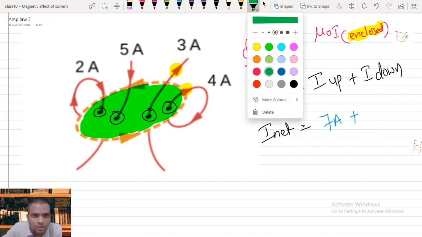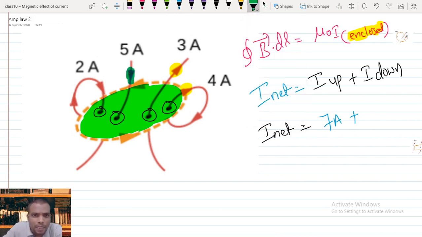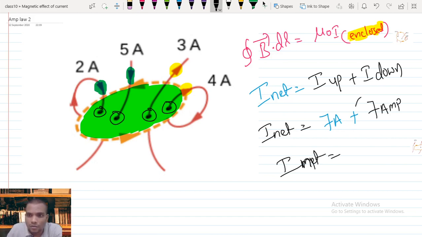Here the 5 ampere current is there and here 2 ampere current is there. So the total goes to again 7 amp. So what is the net current? If I take the currents coming down with a negative sign, the net current goes to 0.